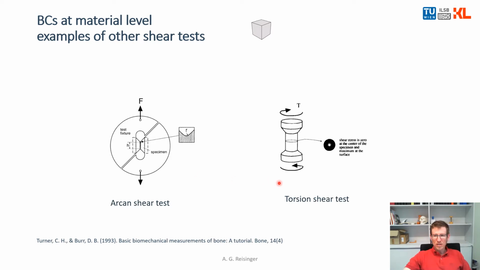You can also measure shear properties via a torsion shear test. The sample is the cylinder in the middle, you apply torsion, and then you have a distribution of shear stress in the cross-section area. But it's a distribution. It's going from 0 in the center to some shear value on the outer perimeter.